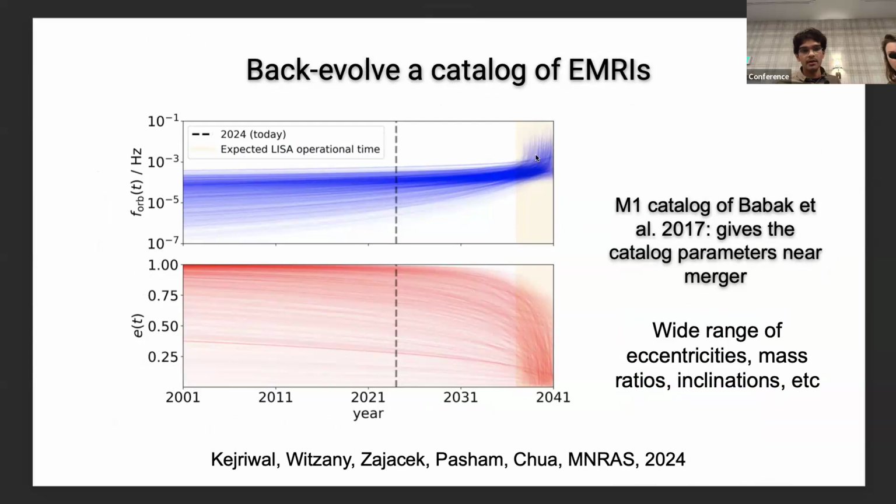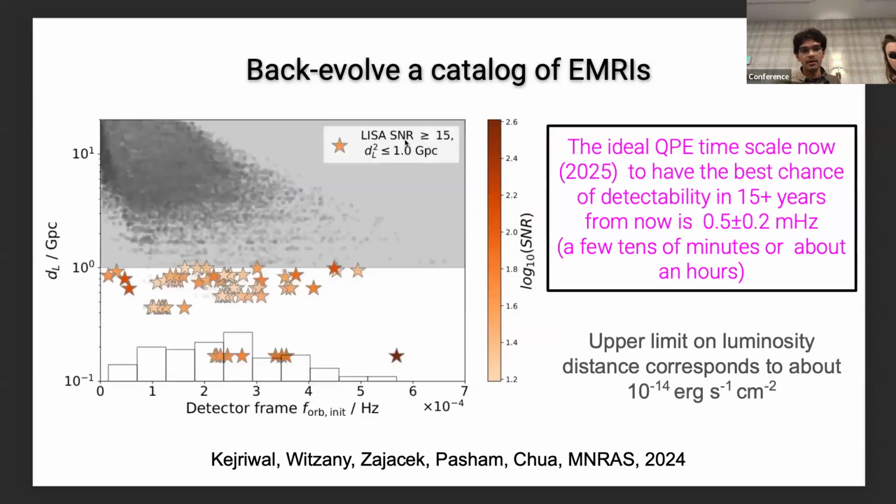The rightmost shaded area is where LISA will operate, roughly 2037 to 2041. Shubham sampled over a wide range of eccentricities, mass ratios, and inclinations. The dashed line is 2024, when this paper was written, which is still relevant for 2025. The main plot that we got out of this work is shown here.